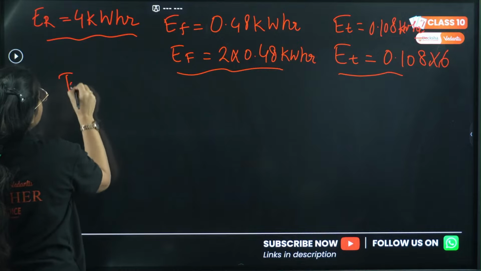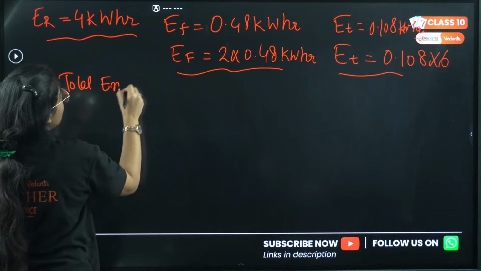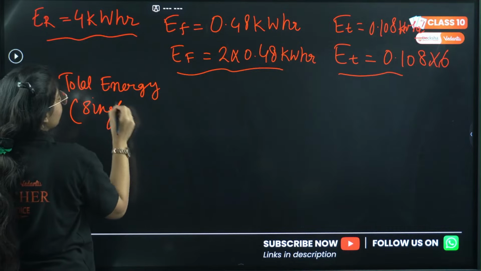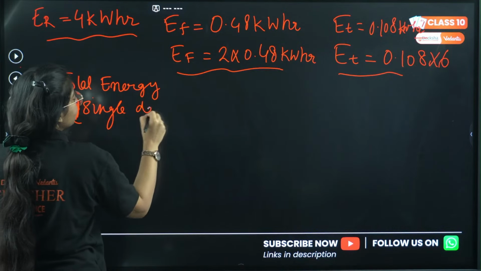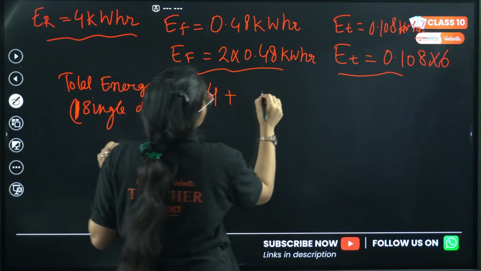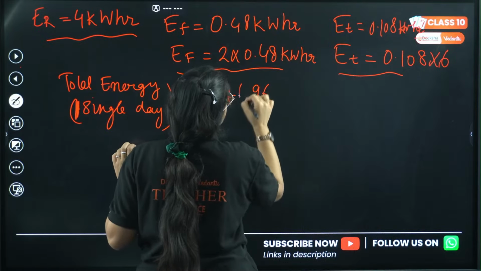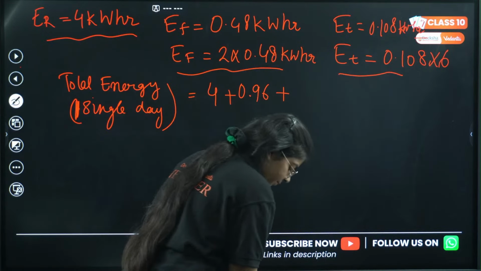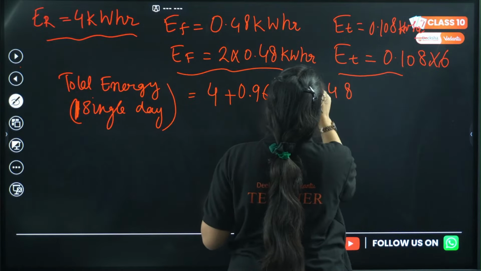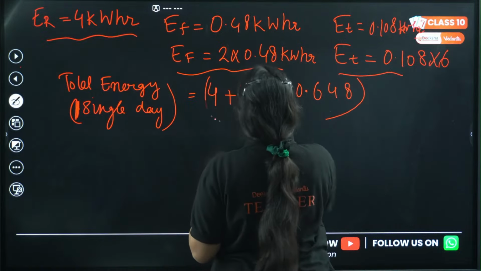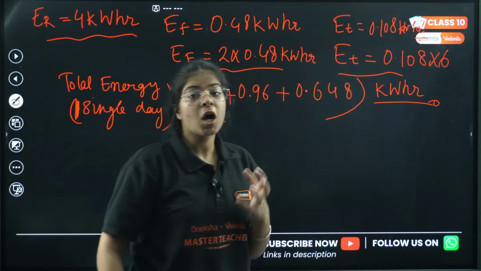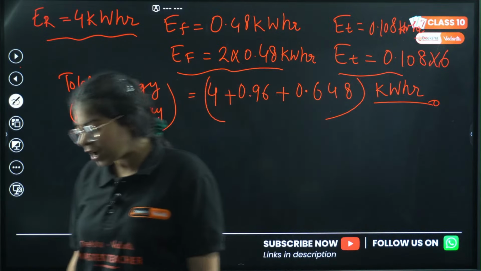So the total energy they are consuming in one single day will be the addition of all these: 4 plus 0.96 plus 0.648. Correct? This will be the total energy all of these appliances will be using in one single day.